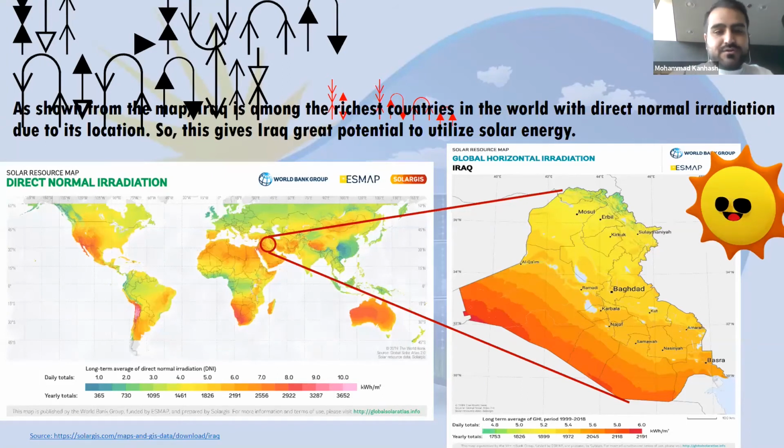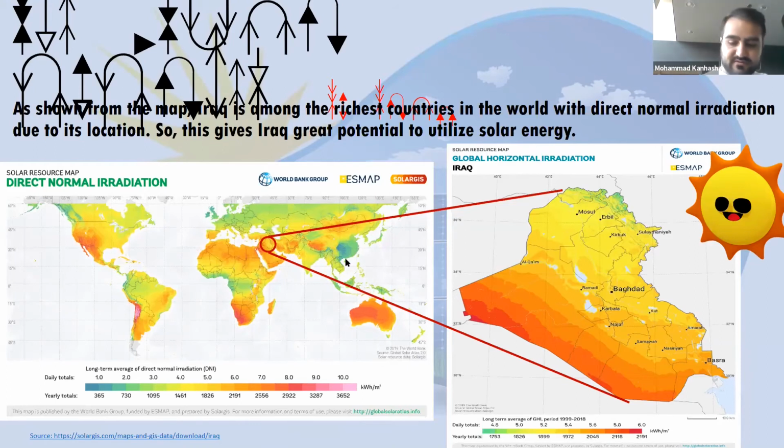For a start, we thought we could manage to get something from Europe, maybe the US, and some organizations. It wouldn't be easy, but we will work on that hopefully soon. So Iraq has the potential for this energy. That means we will have maximum use of these panels in Iraq compared to Europe, for example.